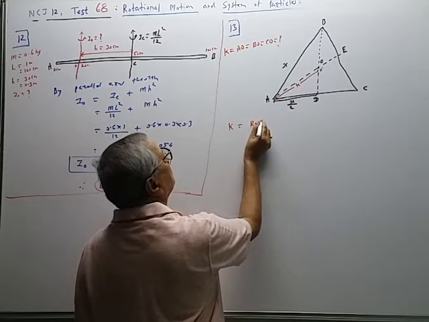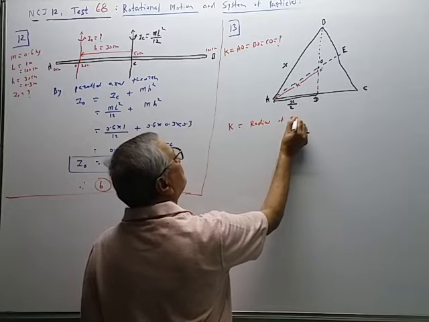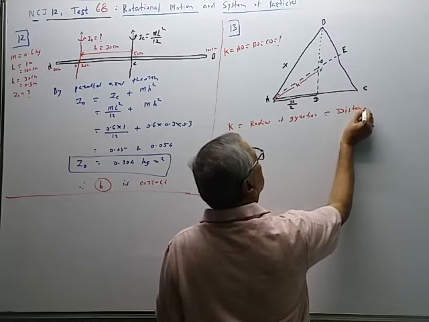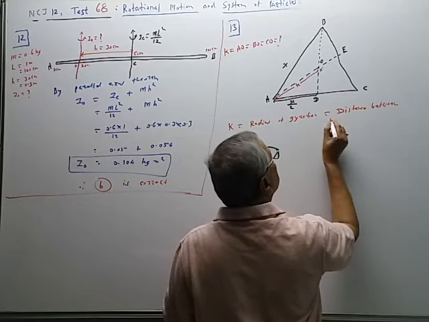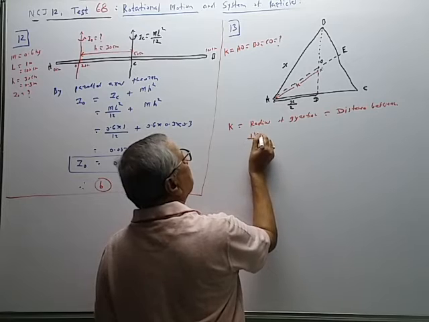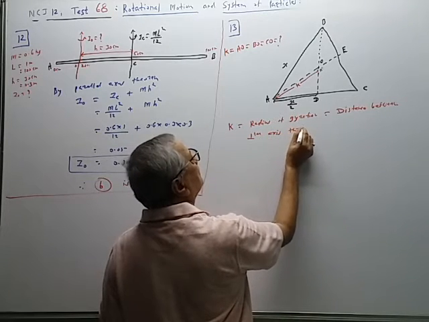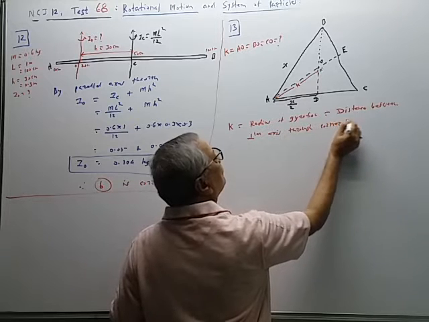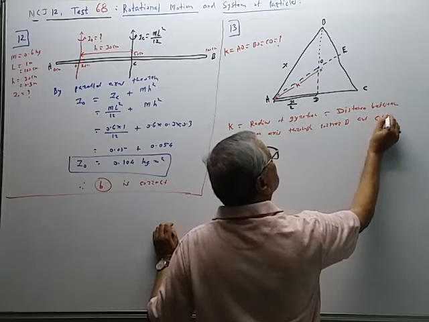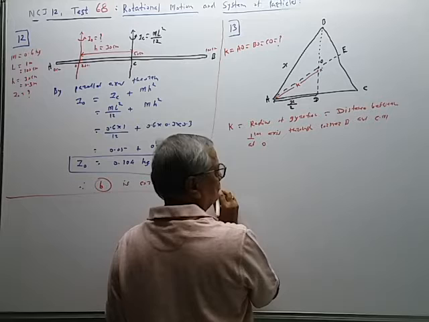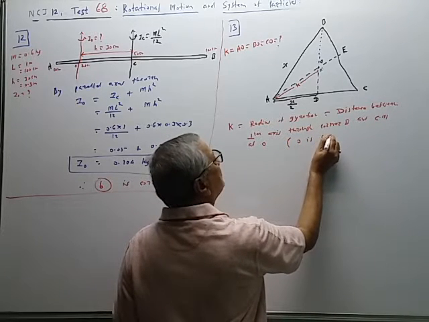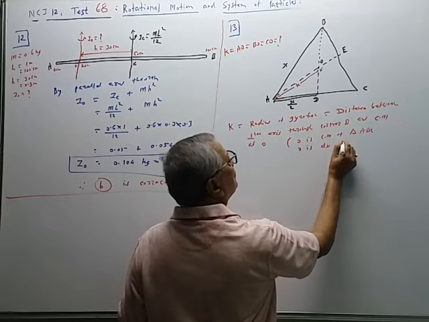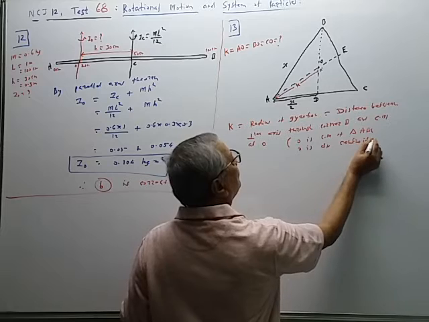K, the radius of gyration, is equal to the distance between the perpendicular axis through corner A or corner B and the center of mass at O. O is the center of mass of triangle ABC. O is also the centroid of the triangle.